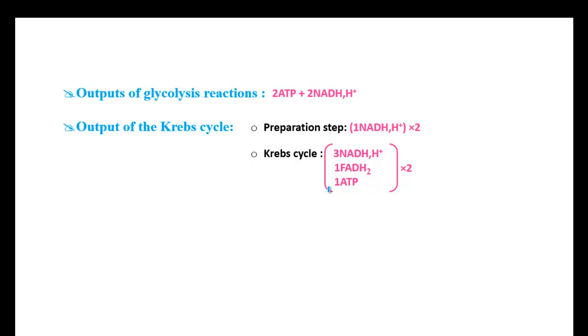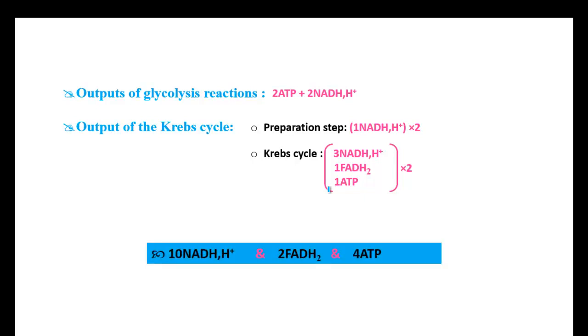In general, we've produced 10 NADH, 2 FADH2 and 4 ATP. You can see the huge difference between the number of ATP molecules and the number of electron transport molecules. The problem is our cells only use ATP. They do not use FADH2 and NADH.